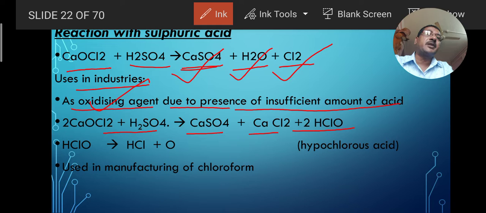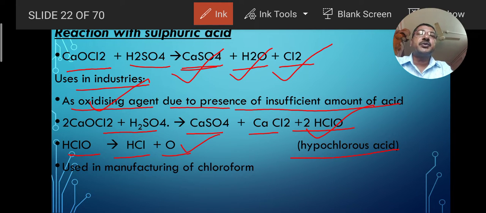These three things are produced: calcium sulfate, calcium chloride and hypochlorous acid. This HClO represents the hypochlorous acid. When this hypochlorous acid is heated, it gives hydrogen chloride and oxygen is given out, that is the nascent oxygen.